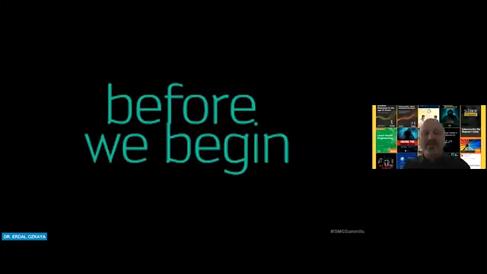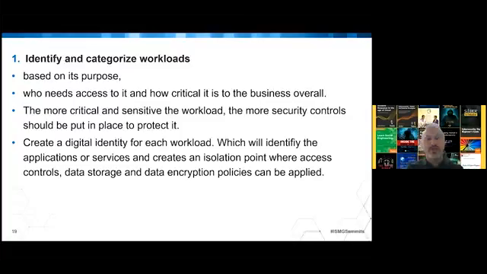So before we begin, what do you need? What do you need to have in this journey? First of all, as you saw in my previous slides, you have to identify and categorize your workloads. So what is this workload for? What is the purpose? How important is it to the business? The more critical and sensitive the workload, the more security controls you might have to implement to be able to protect it.